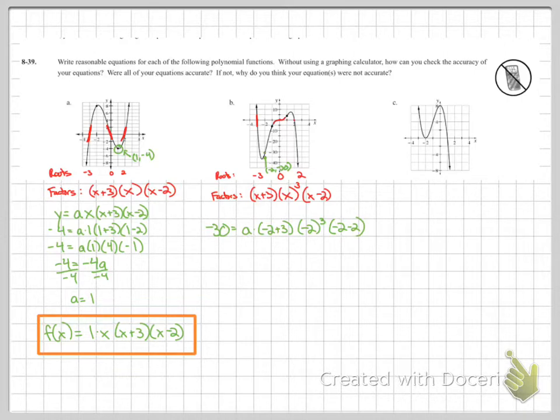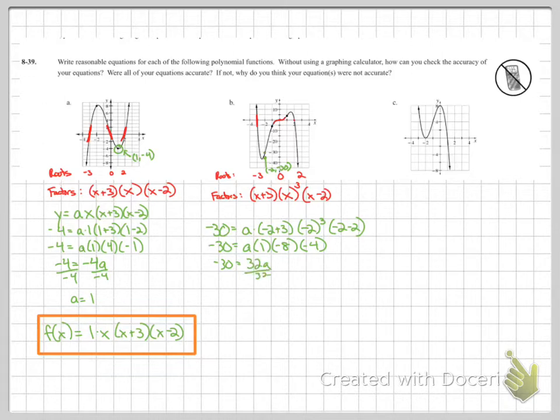So I plugged in x and y, and remember you're solving for a. -30 equals a times 1, -2 cubed is -8, and -2 minus 2 is -4. So -30 equals -8 times -4 times 1 times a. It's going to be 32a.